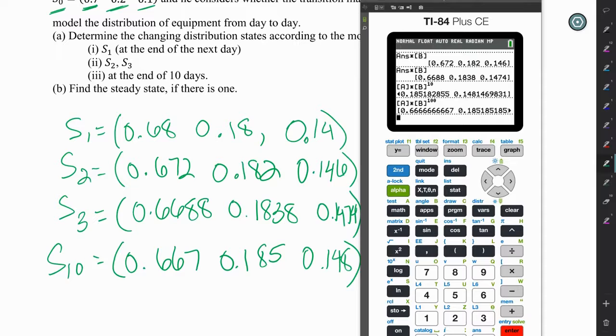And you'll notice it appears to be the same numbers we just had. And remember, we talked about how the 3 numbers have to add up to 1 because that's our 100% of the equipment. So since our first 2 numbers are the same, even though I can't see my third number, I know that one's also going to be the same. So my steady state, if there is one, so I'll do S sub S for steady state, would be the same thing.